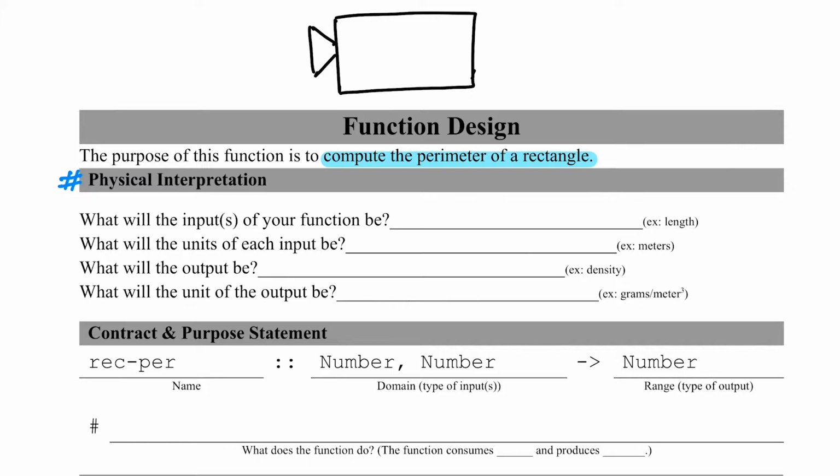Our inputs were length and width, and our perimeter equation would happen to be L plus L plus W plus W, and it's going to output the perimeter.